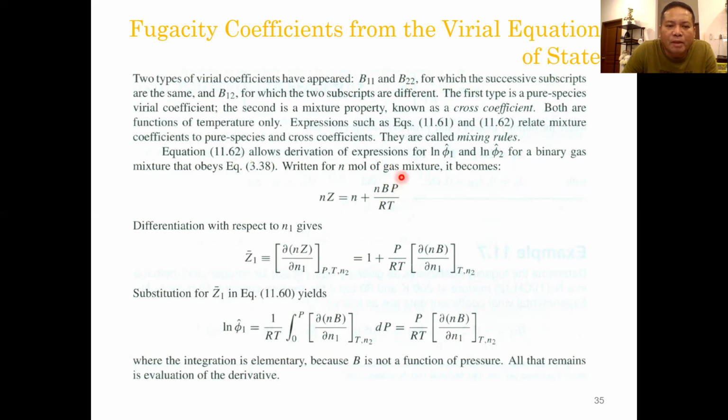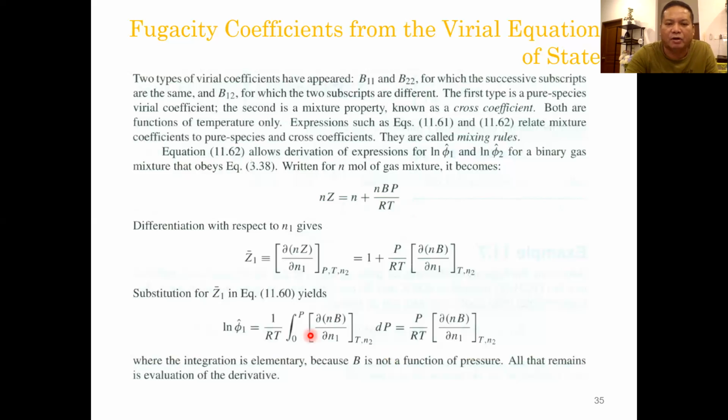So we go just here, for equation 11.62, so we can derive an expression for ln of these. It becomes this. So partial Z can be written into this form here, and substitution of this partial Z into 11.60 gives these equations. The integration is elementary because B is not a function of pressure. All that remains is the evaluation of its derivative. So pressure does not affect this value B here.